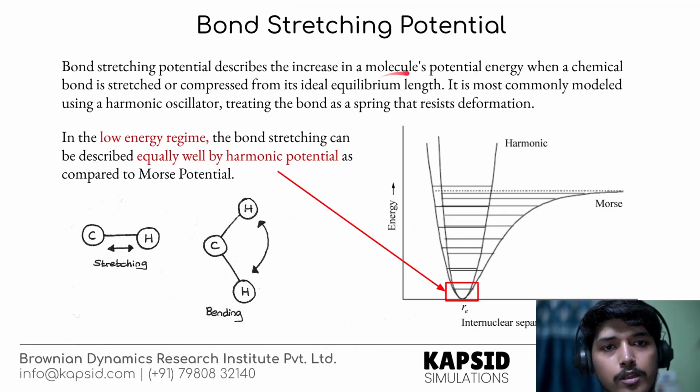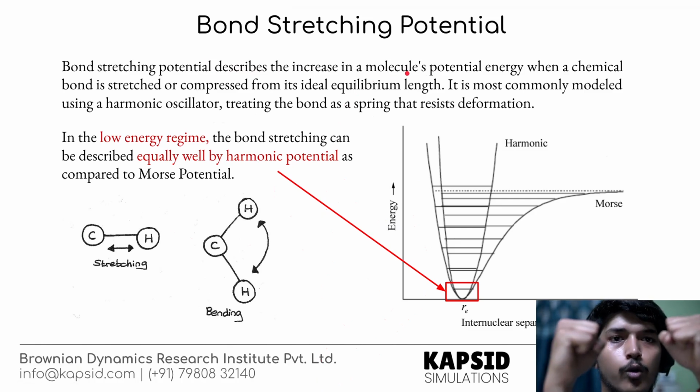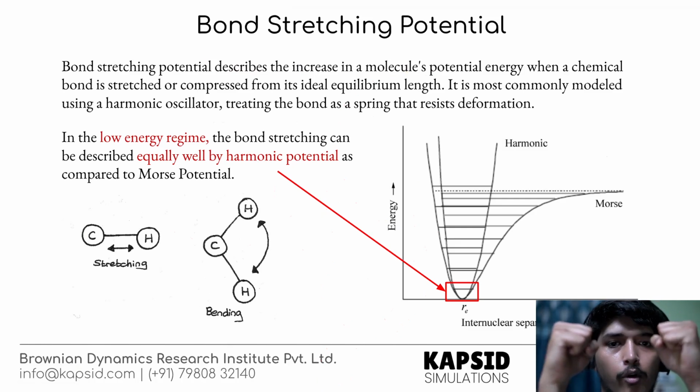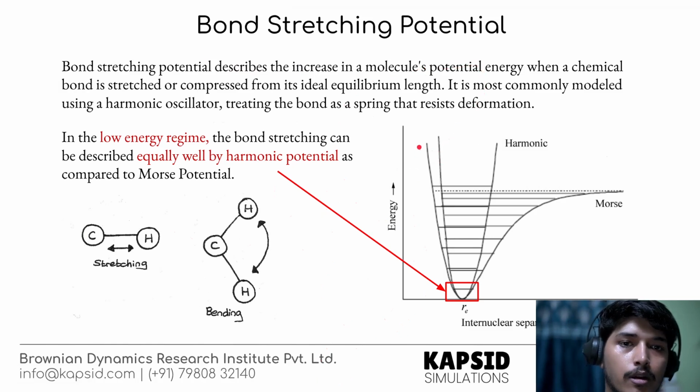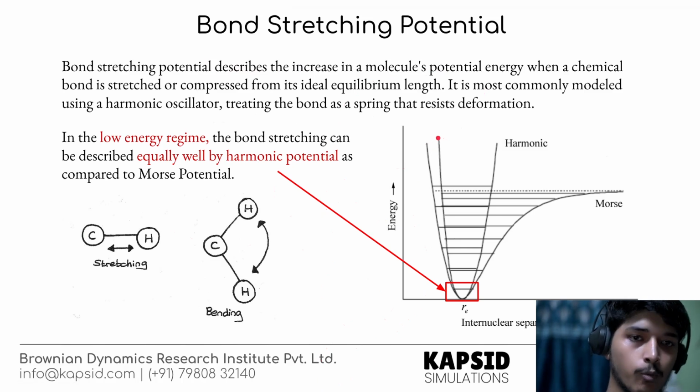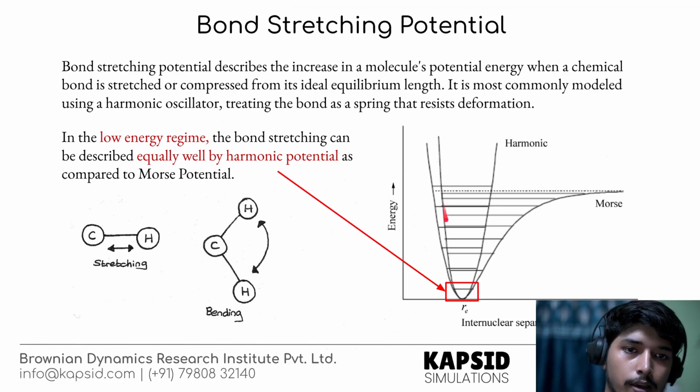So starting with the bond stretching potential. The first example is two atoms with a covalent bond in between. What does the potential equation look like? I'll come to the form later, but if you can, follow this line with me.